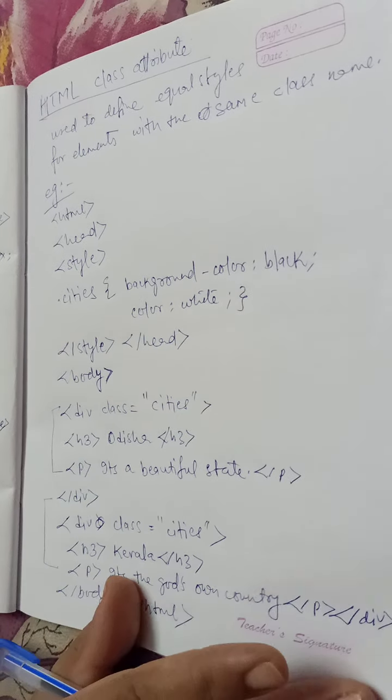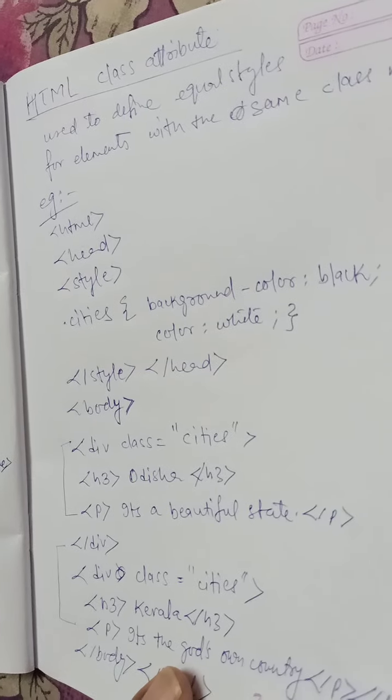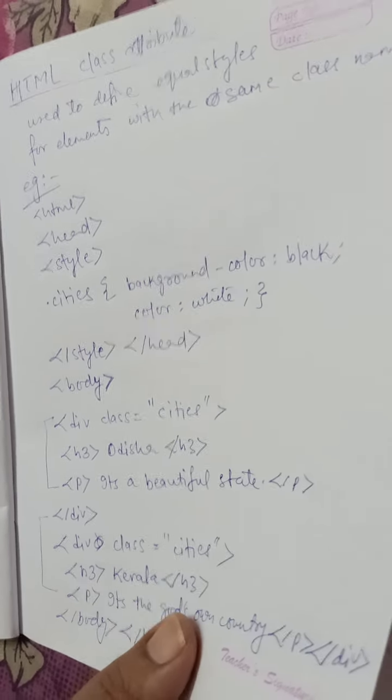So in my output I will be having something like division Odisha, it's a beautiful state.